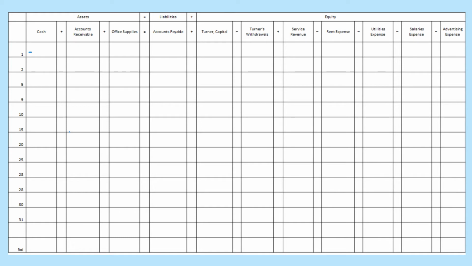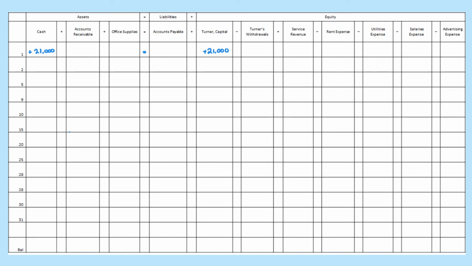I'm gonna write plus 21,000, and capital will always increase my equity. As we said before, capital and revenues increase equity, while withdrawals and expenses decrease equity. So for the capital, it will increase your equity by the same amount. As you can see, your accounting equation is still in balance.